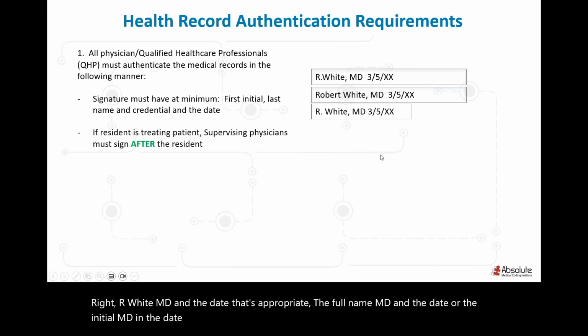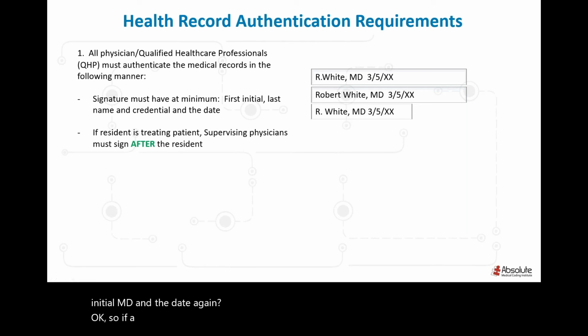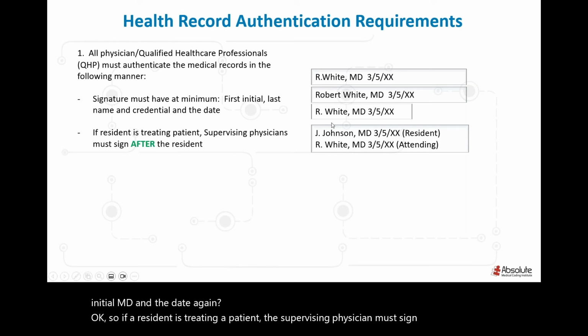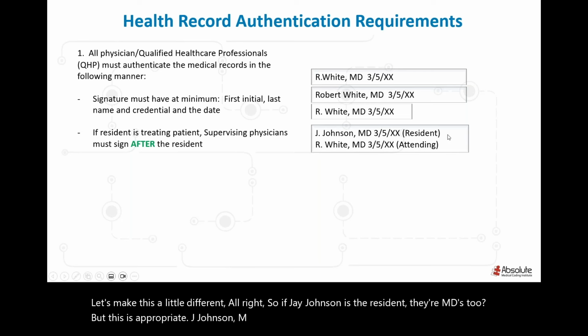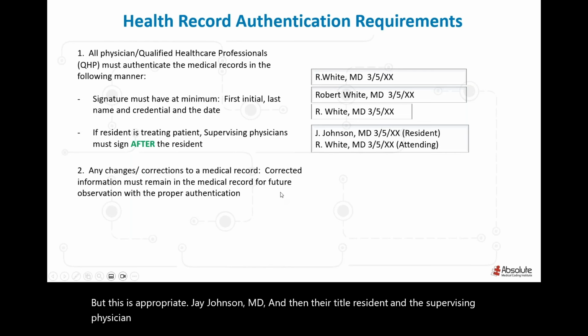So if a resident is treating a patient, the supervising physician must sign after the resident. Let's make this a little different. If Jay Johnson is the resident, they're MDs too. But this is appropriate: Jay Johnson, MD, and then their title, resident. And the supervising physician will sign after.